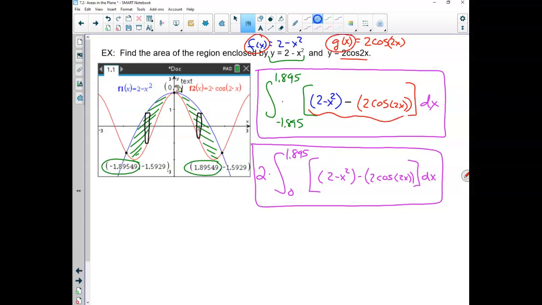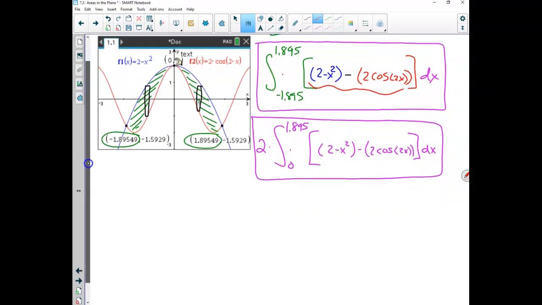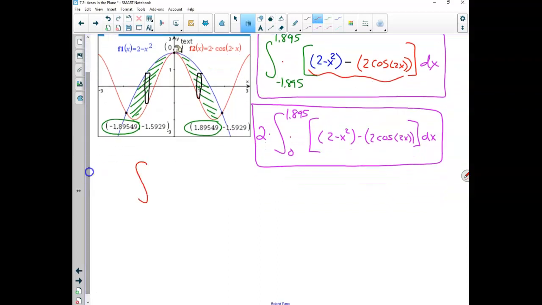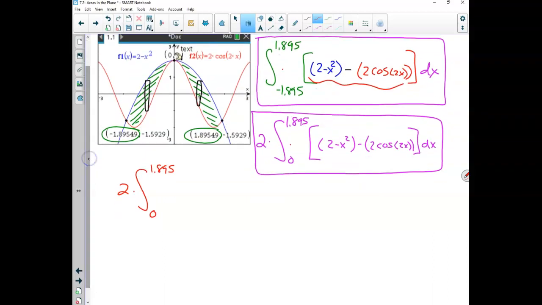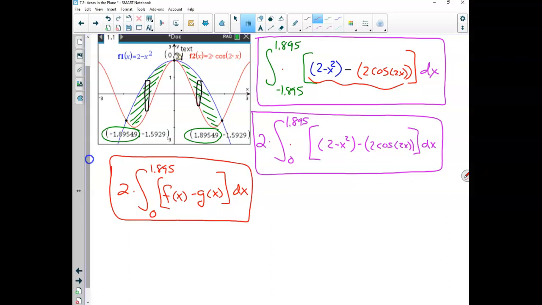I could use either one of these integrals, and I could say 2 times the integral from 0 to 1.895, and my blue one, I'm taking f of x minus g of x dx. If the AP board defined your functions like that, this integral setup would work as well, okay?